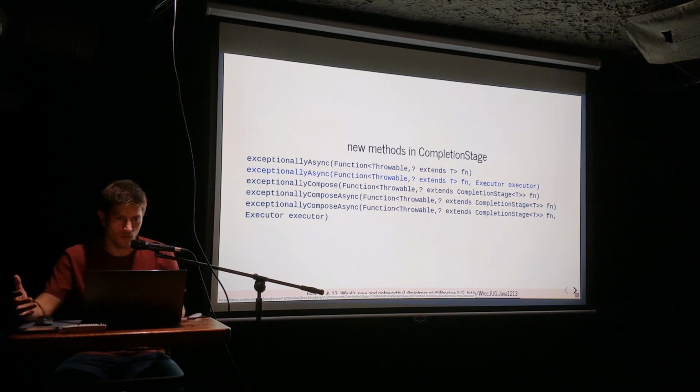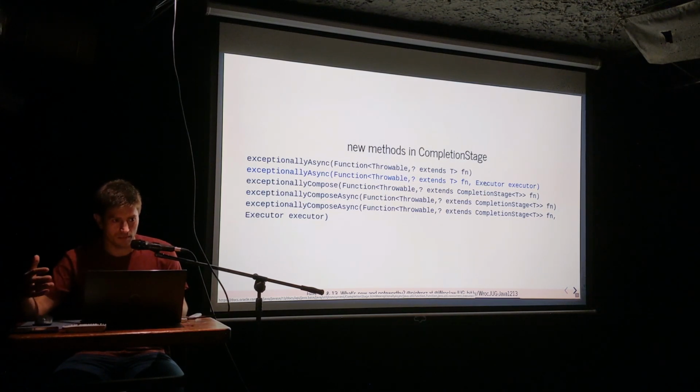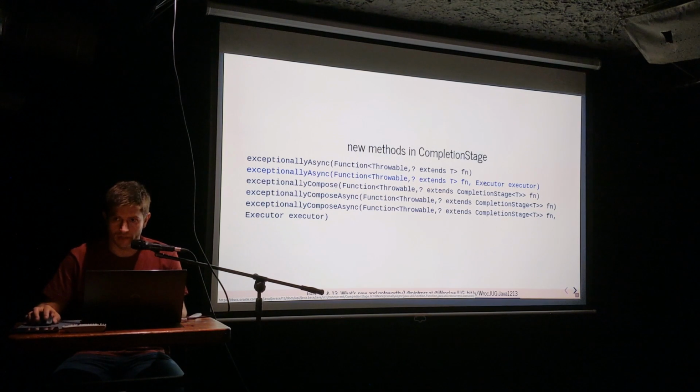Let's say you want to have your exception handling on a different execution pool, which, for example, has just one thread, or whose threads are with lower privilege, or whatever, because you might want to execute it somewhere else in a different executor service.